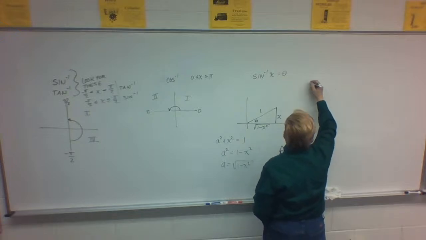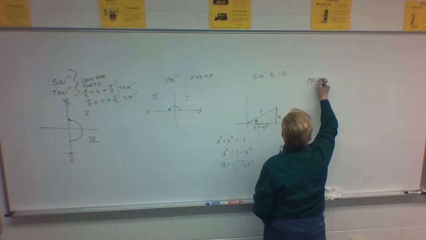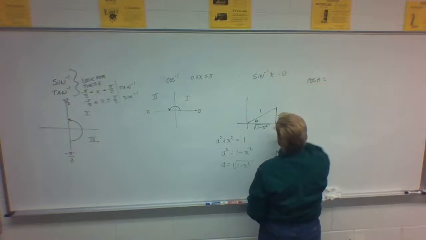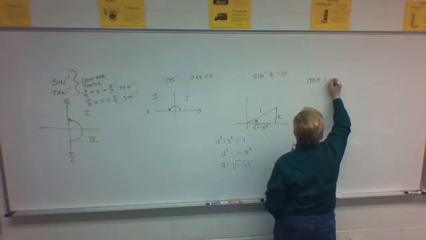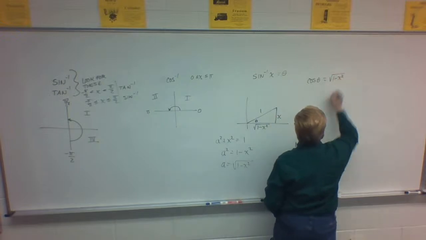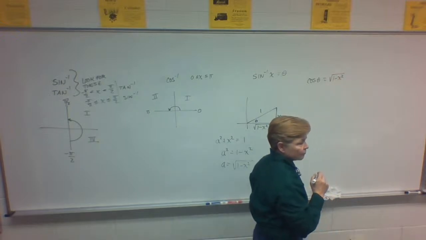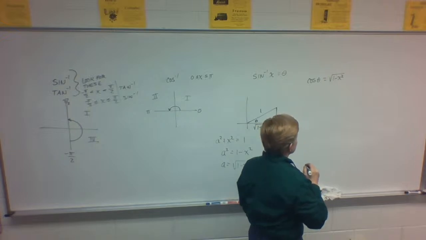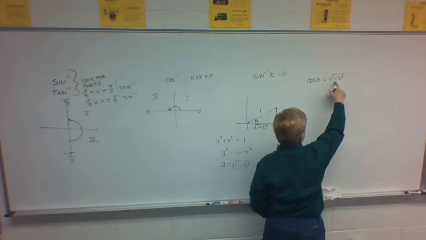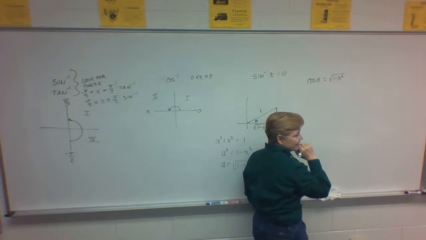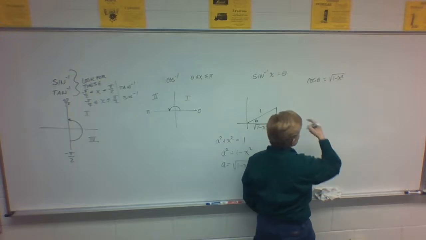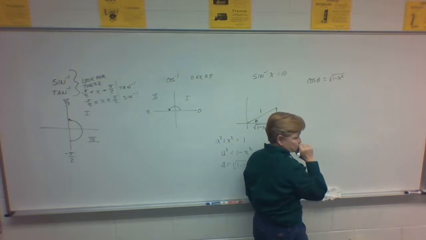Let me start one out this way. The cosine of theta is going to be this over 1, right? Which means that the inverse cosine of this is theta. Do you understand this?